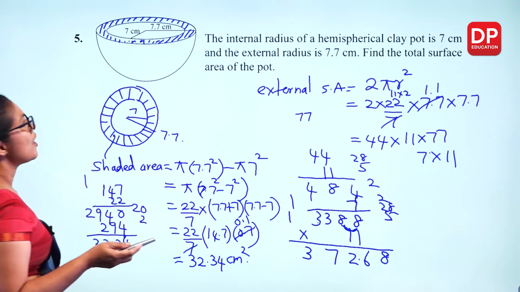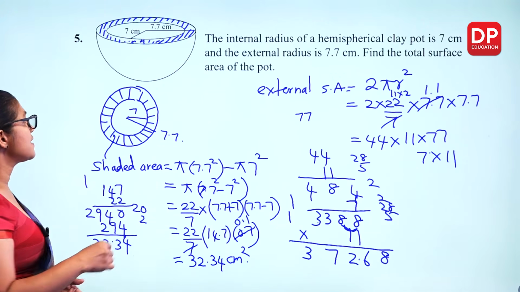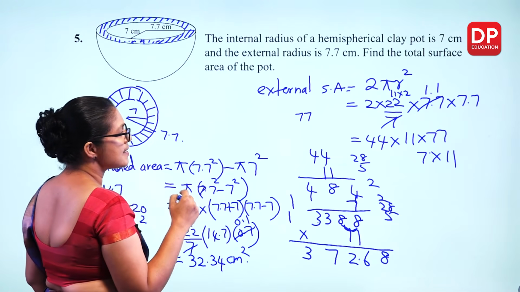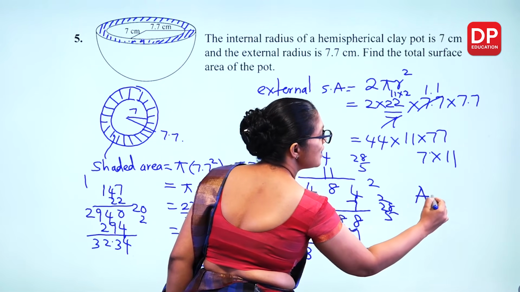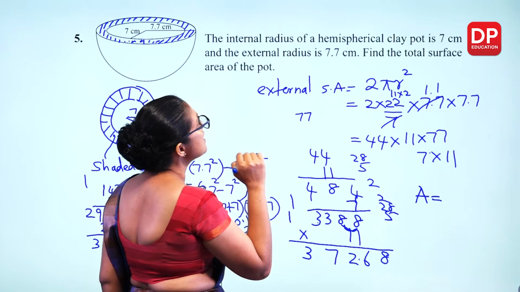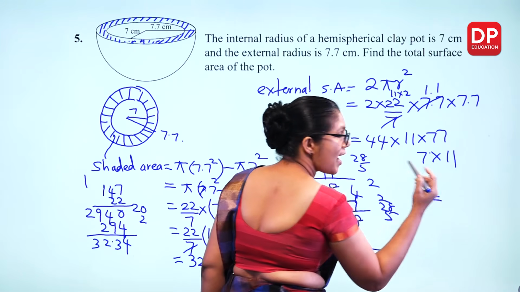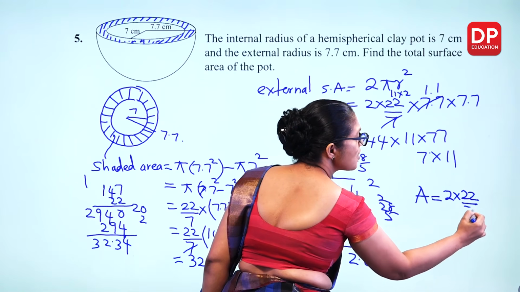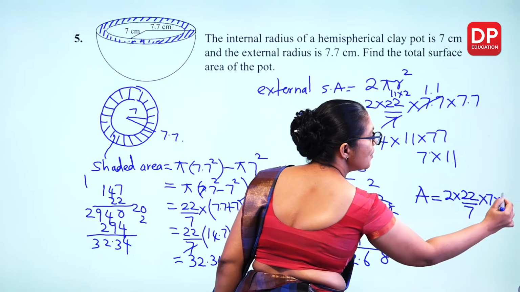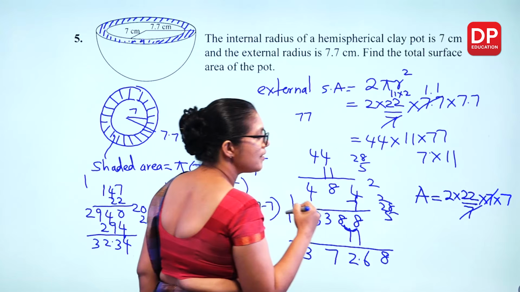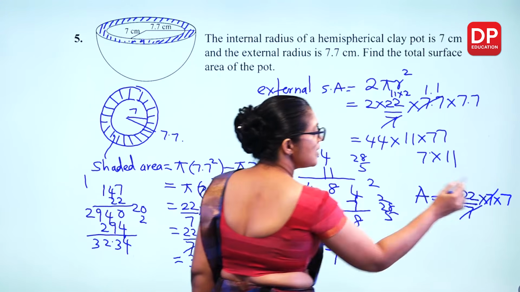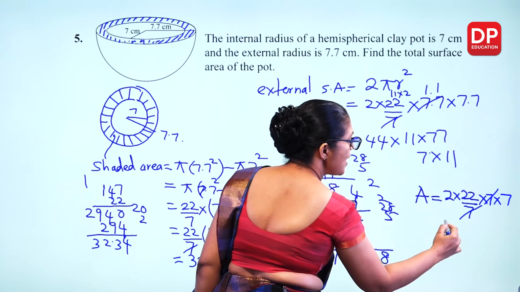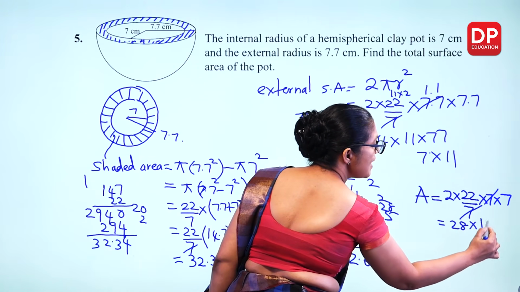Now we need to find out the internal surface area. For the internal surface area, the radius is 7. The internal one is 4 pi r squared divided by 2, again 2 pi r squared. R is 7 now. So when you simplify this one, what you get? 7 times 2, 14. 14 times 2, 28. 28 times 11.